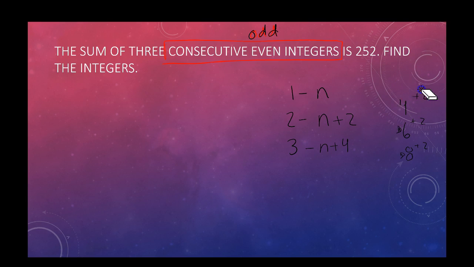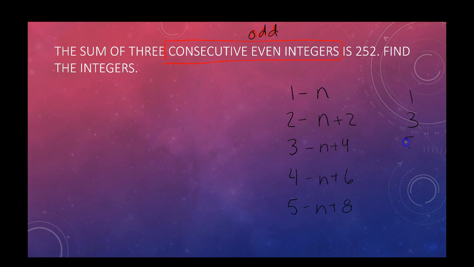Okay, so this setup here, I could continue. The next consecutive would be n plus 6. The next consecutive would be n plus 8. Okay, so we can see that pattern. That would work for even or odds. So the point is that if the problem says consecutive even integers or consecutive odd integers, you're always going to have this setup.